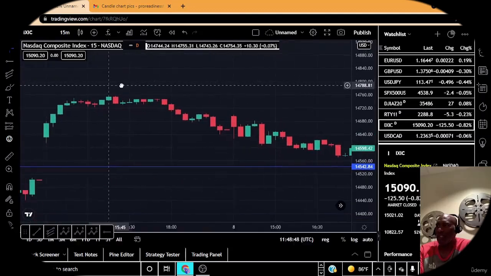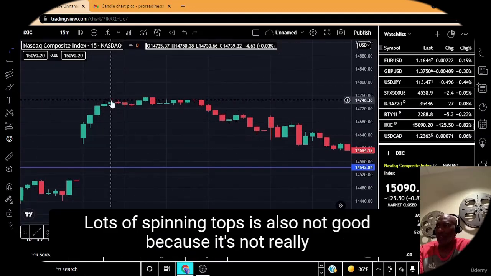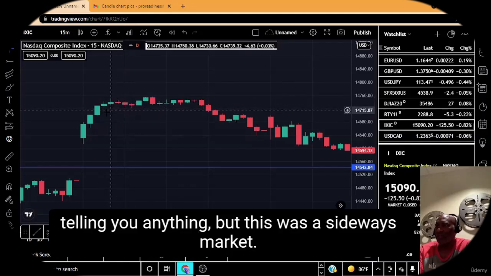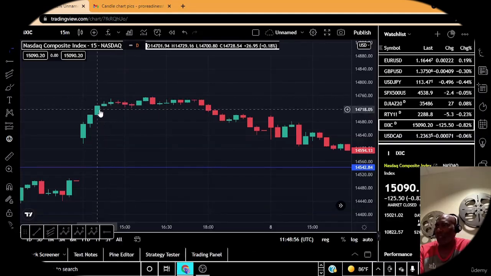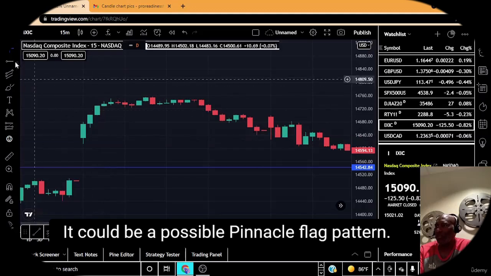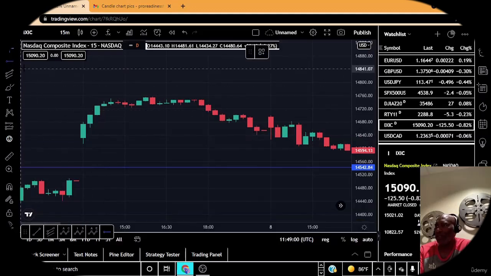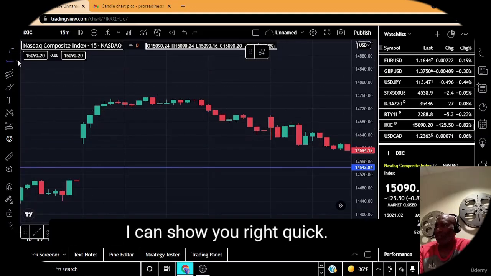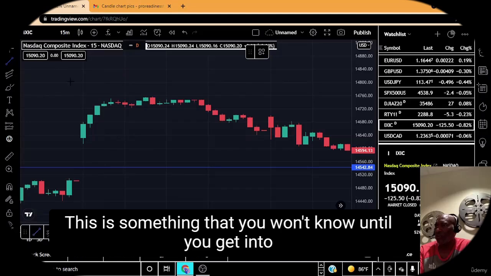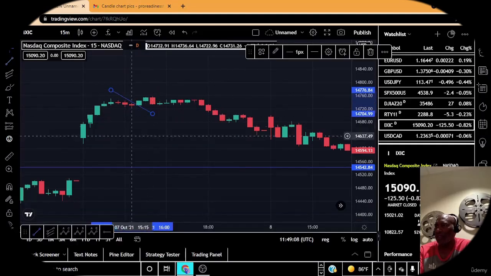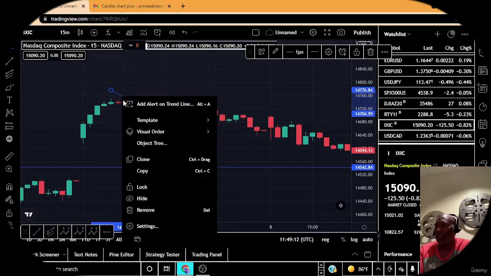And we can see right here, lots of spinning tops is also not good, because it's not really telling you anything. But this was a sideways market. Could be a possible pennant flag pattern. Let's see if I can show you right quick. Again, this is something that you won't know until you get into trend lines, right? And you can actually clone this.